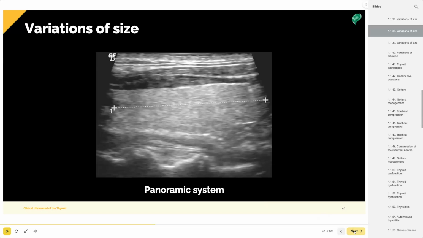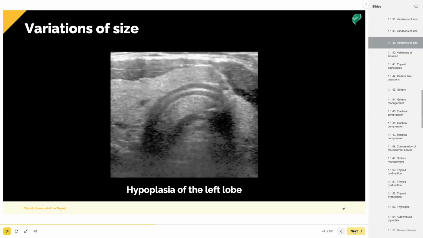In this image, we also had to manipulate the image by using a different probe. This was a panoramic system, which is a little bit more detailed and specific to certain offices. Hypoplasia of the left lobe, as you can see here, it is much smaller than the right lobe.